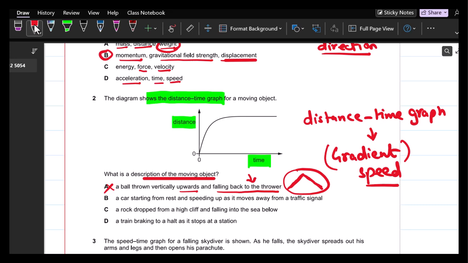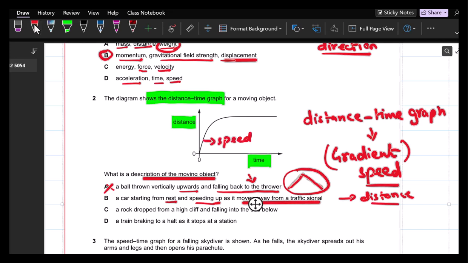A car starting from rest and speeding up as it moves away from the traffic signal. So here distance is increasing. But if you see the graph, what is happening here? Speed is uniform, and then we have a curve.